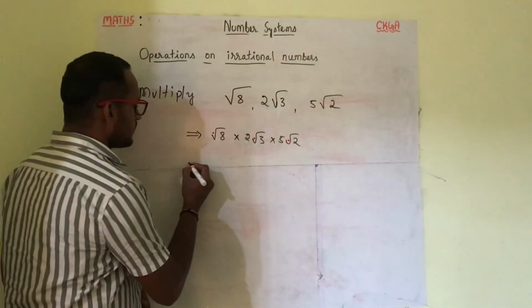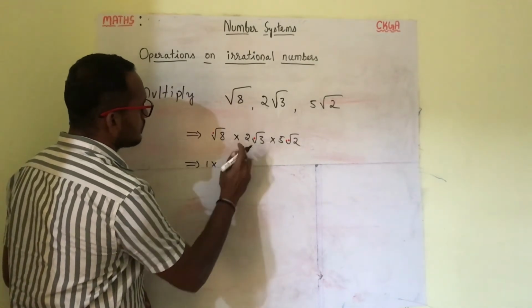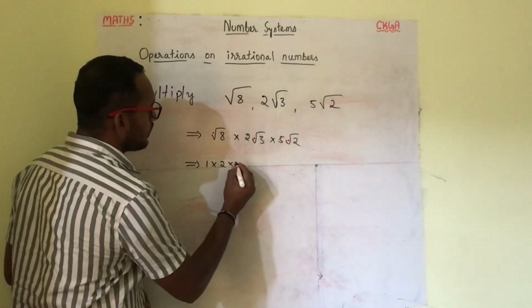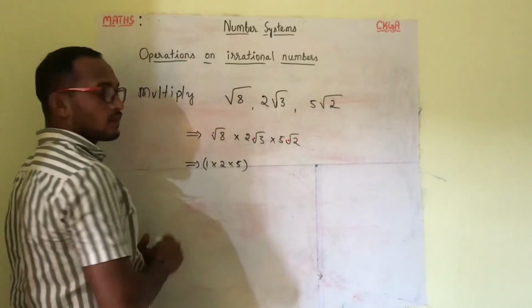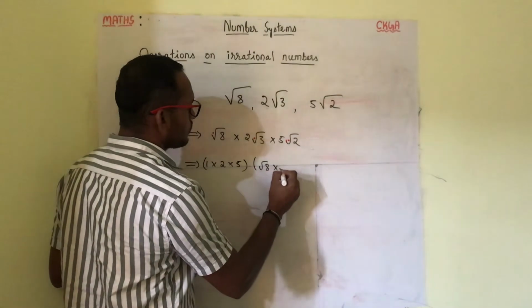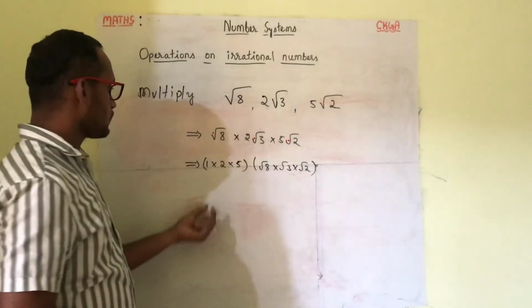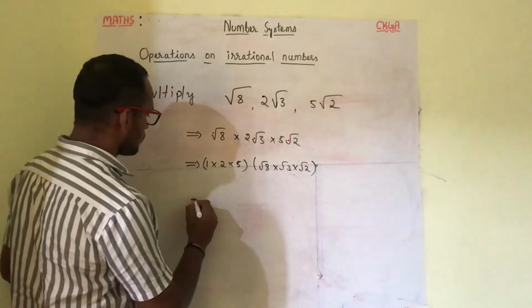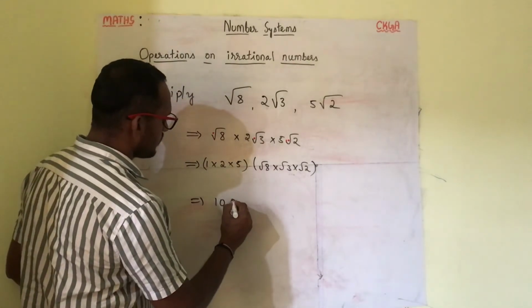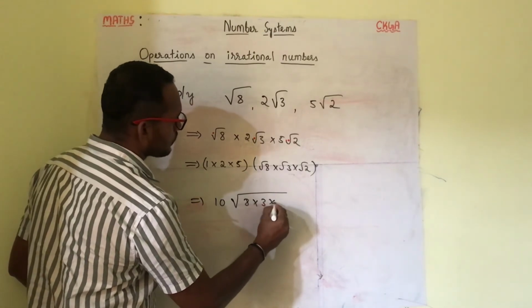First multiply constant with constant, that is 1 into 2 into 5. Club them, and then multiply root 8 into root 3 into root 2. That's directly multiplying. So 1 into 2 into 5 is 10, and this is written as square root of 8 into 3 into 2.